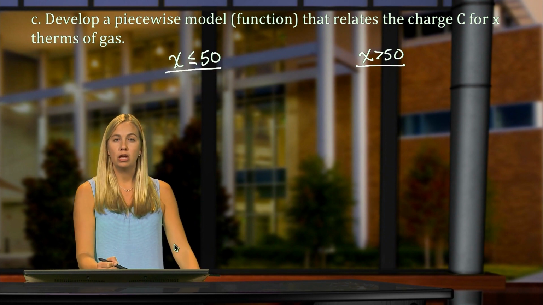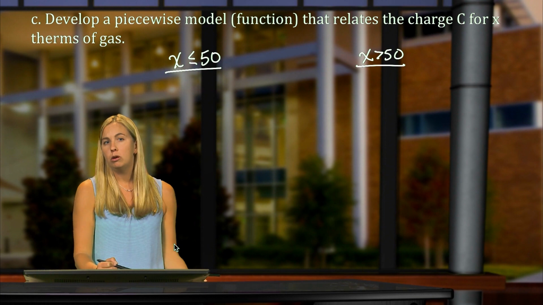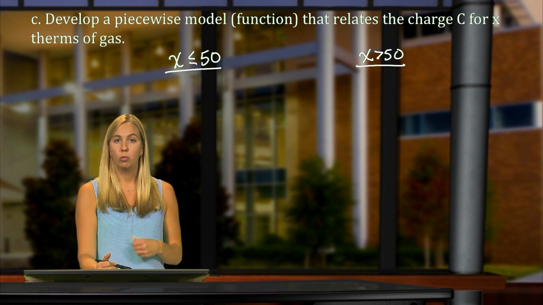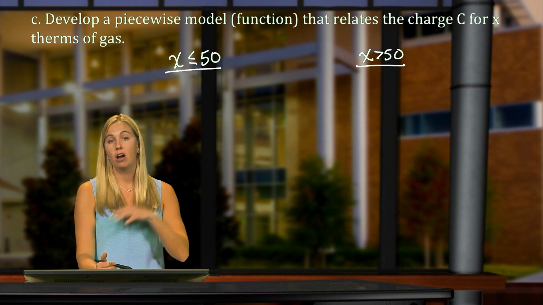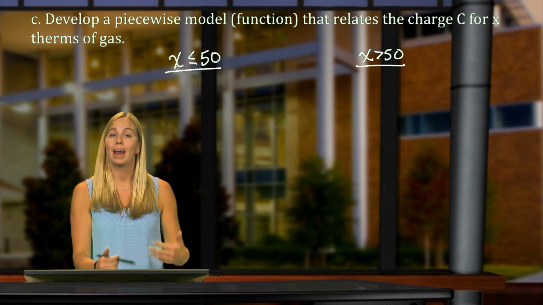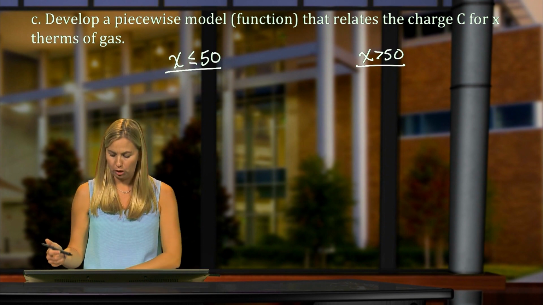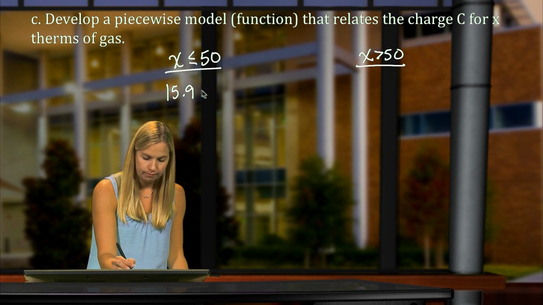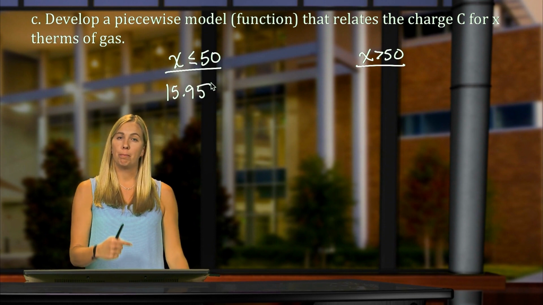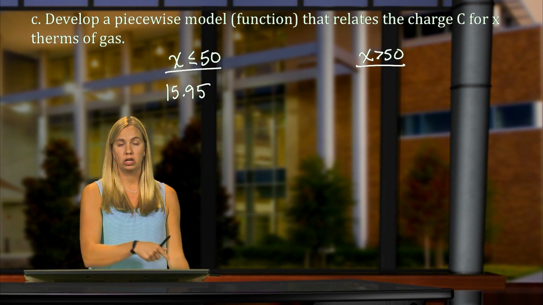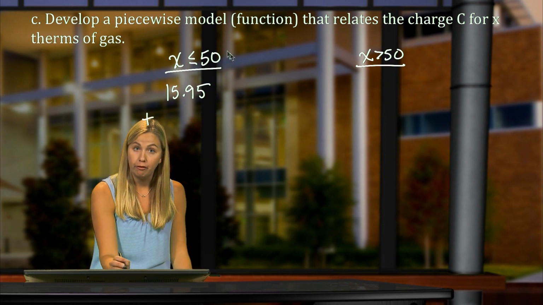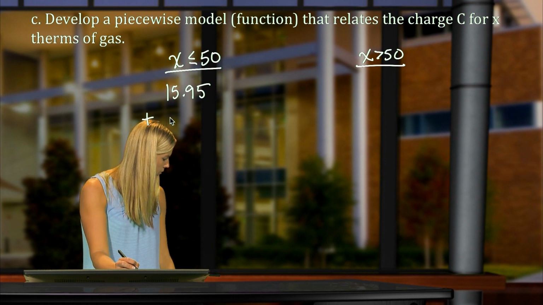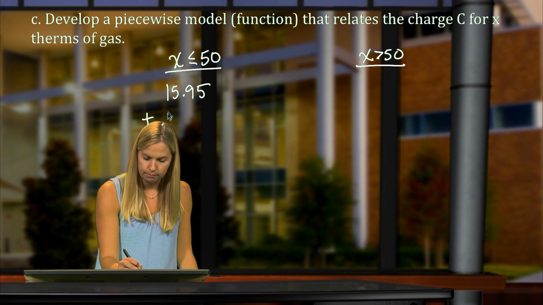This column, we're going to be looking at example A. What did we do to determine our bill when we had exactly 50 therms? Now, we're going to consider it as x, so we want to figure out exactly how to determine the cost for any number of therms. So we're using a variable here. Well, we know we had the $15.95. And then we had our per therm service charge, which we took each therm. When we had 50, we multiplied all of our therms by that, 0.33606.